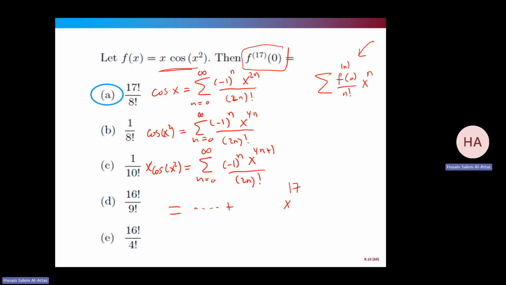What would that be? I have n equal 4. So at n equal 4, that gives me x to the power 17. Yeah, very clear from here. So n equal 4, so I have minus 1 to the power 4 over 2 times 4, 8 factorial.